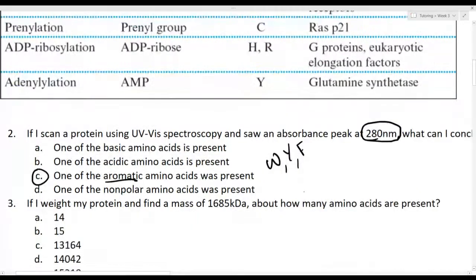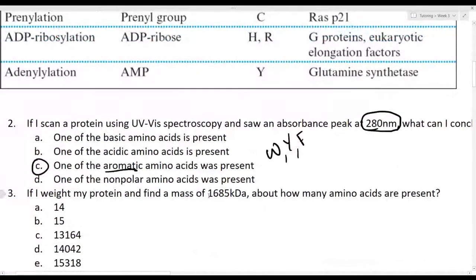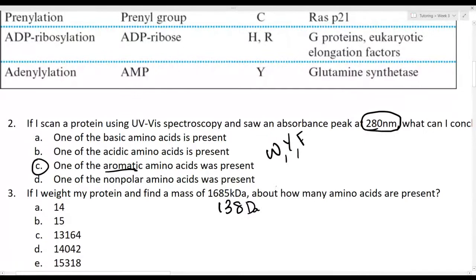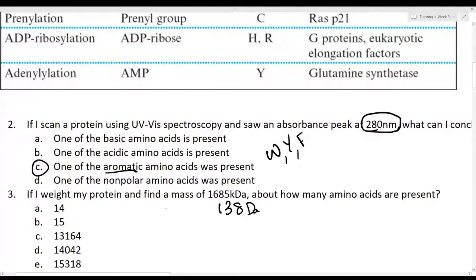I'm going to go on to the next question: weighing a protein and finding a mass. The way to approach these problems is to ask myself, what's the mass of an amino acid? The average mass of an amino acid is 138 daltons, okay? Perfect, someone said 110, and the reason for that is this is the average amino acid mass.